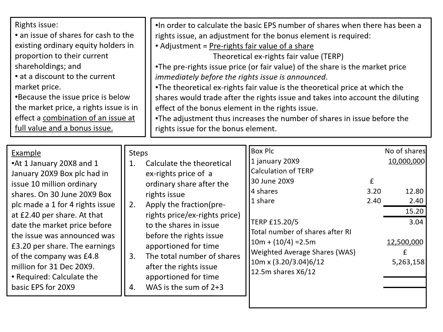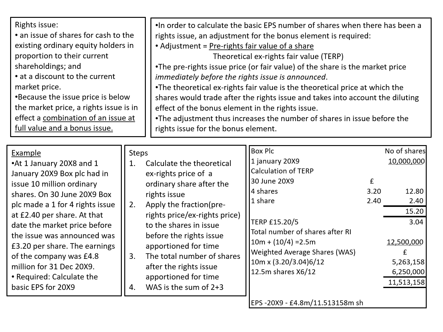We then have the number of shares in issue, which is 12.5 million after the rights issue, apportioned for time, and that gives us 6.25 million, and the total weighted average number of shares is 11.513158 million.